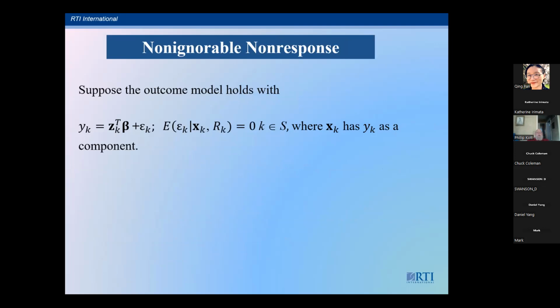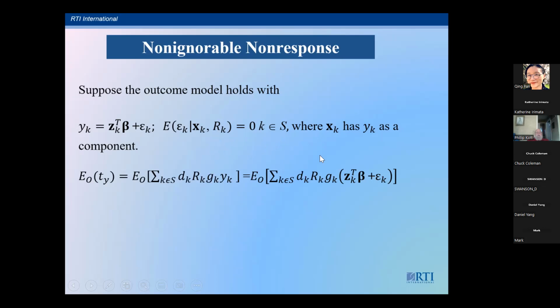Now, it's also true under the outcome model, where the outcome model looks like the same outcome model as before, except we're saying the expected value of epsilon given X and R is 0, where X can have Y as one of its components, as in my example.